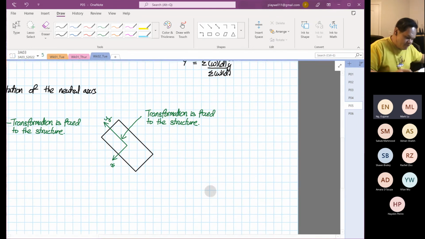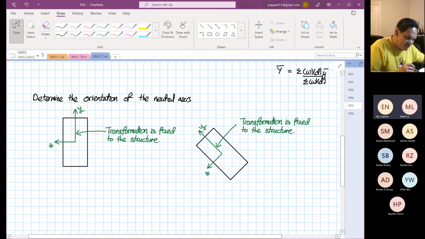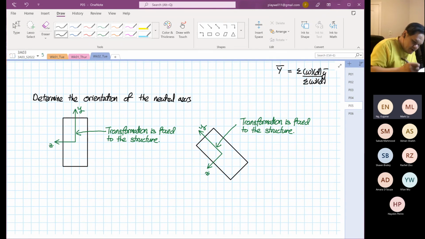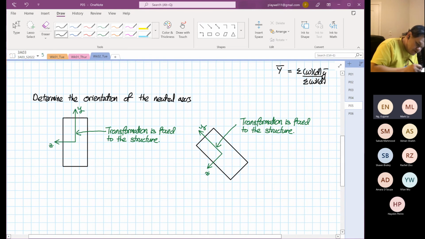So for the first example over here, the transformation that is outside, whenever we draw a transformation, if we draw it outside, this is our y and this is our z.